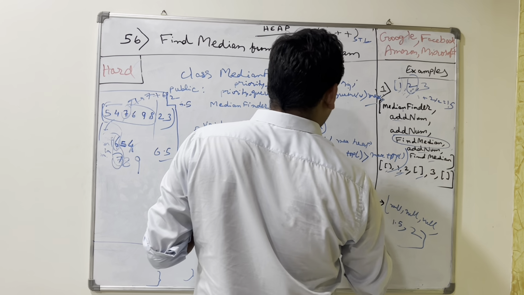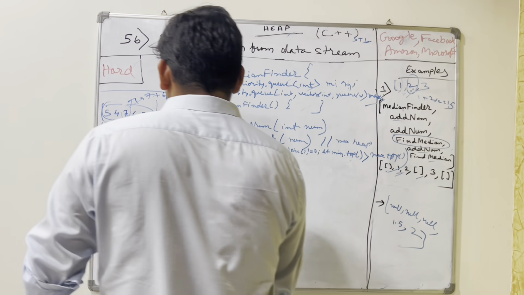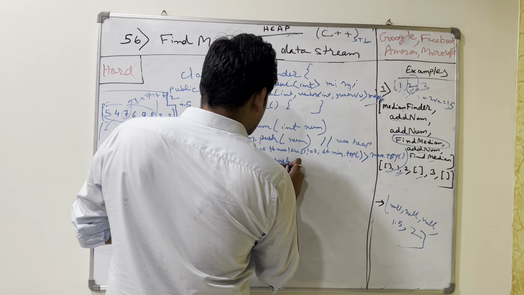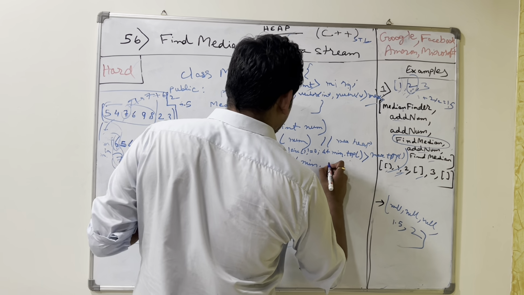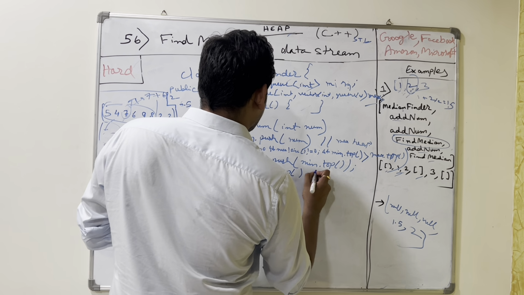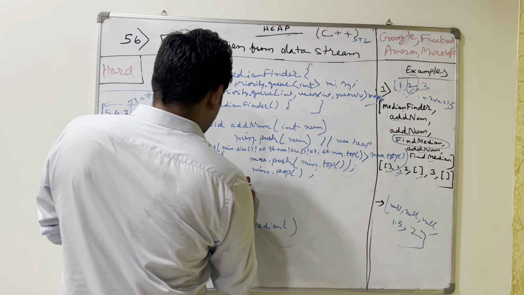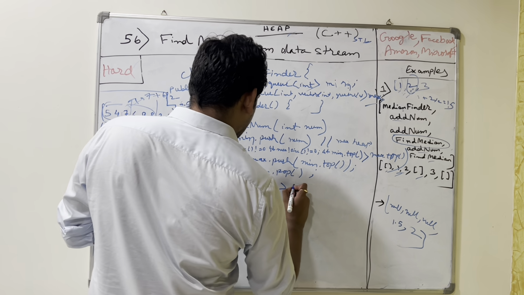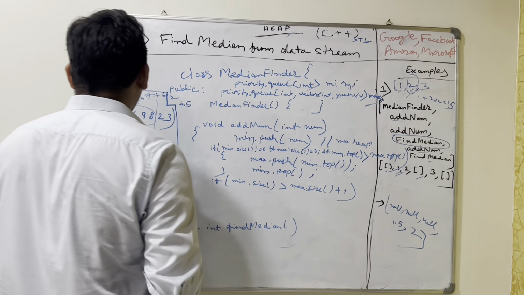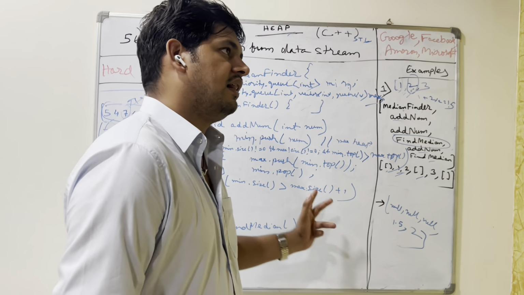That means if the top value of the max heap is greater than the top value of the min heap, we need to equalize it. So we will push the min dot top value into max, the thing that we did in this example, and then we will pop out the top value from min. And if min dot size is greater than max dot size plus 1, so if there is a difference of 2, say if every time smaller elements like 6, 5, 4, 3, 2 are coming, we are entering them in the min heap every time.